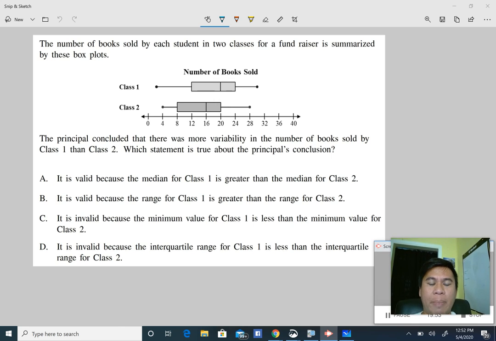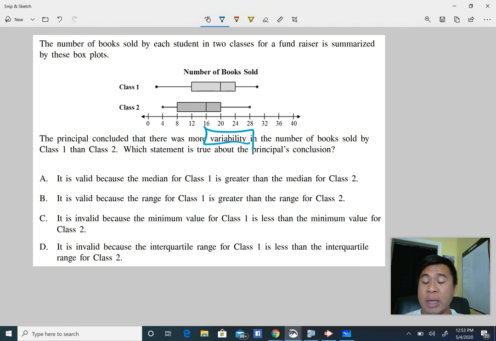So again, this is talking about variability. As a note, when you talk about variability, we talk about either standard deviation, range, interquartile range, or variance. We're not talking about the central tendency, like mean, median, or mode, for this case.